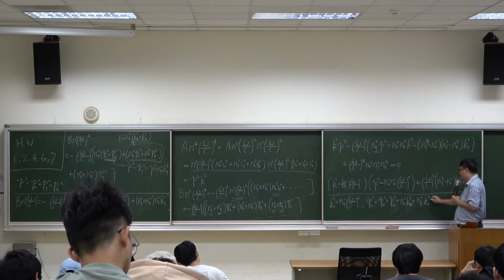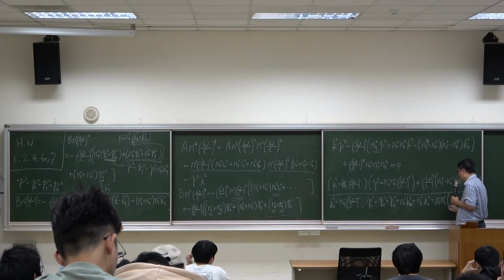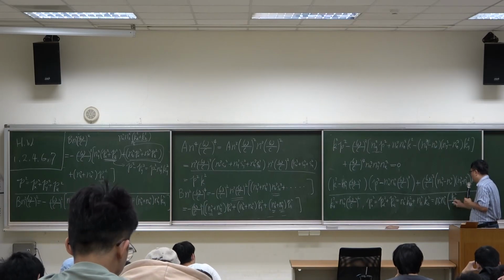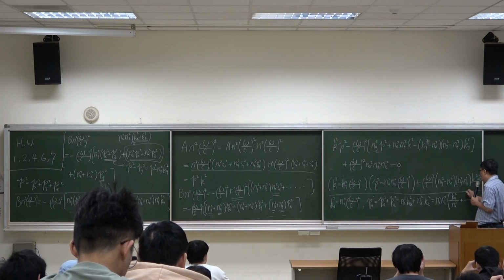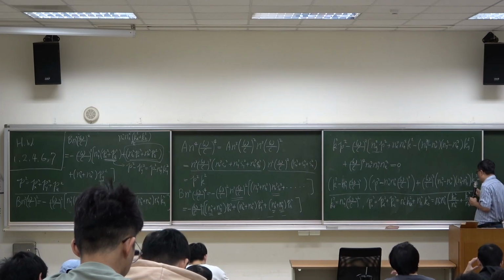You can factor out nx squared nz squared times k0x squared over nz squared plus k0z squared over nx squared.